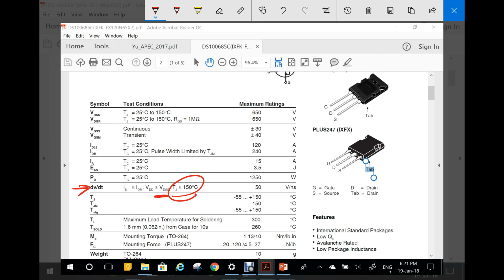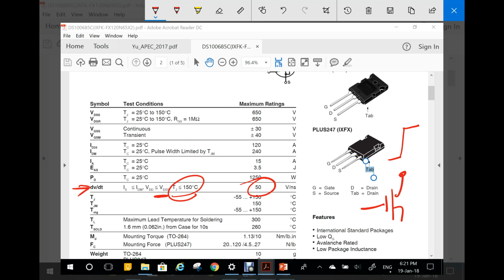And the point is that if the voltage at the drain is rising very fast, there might be a problem. And this is actually limiting this rise to 50 volt per nanosecond.